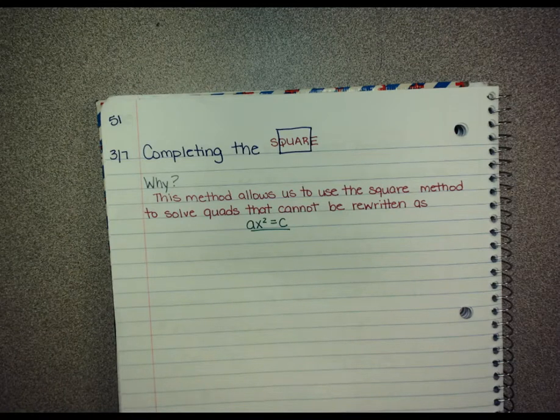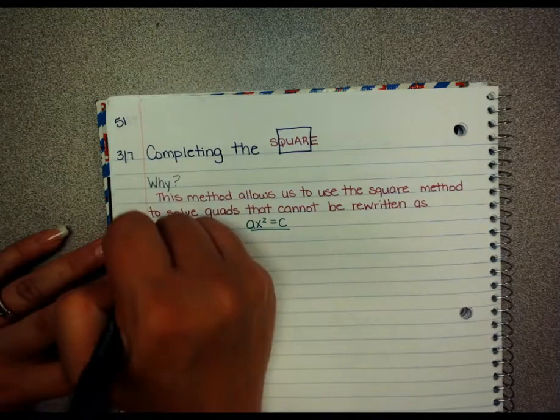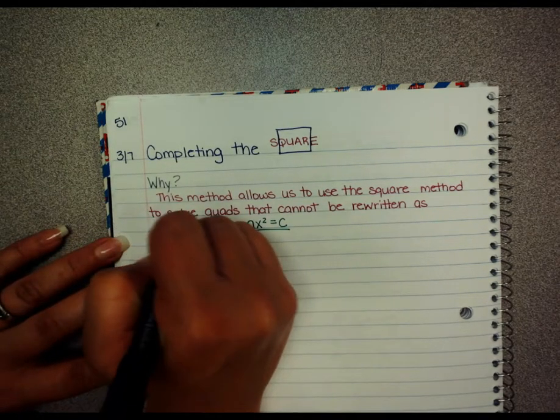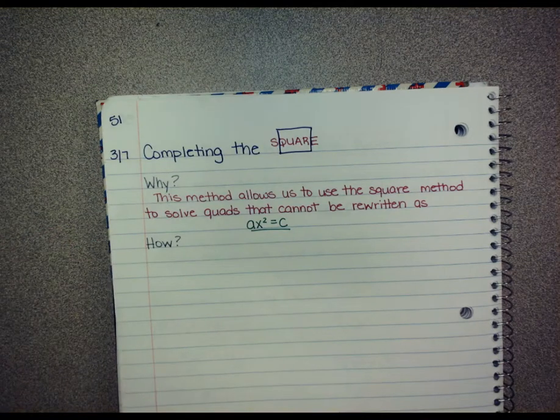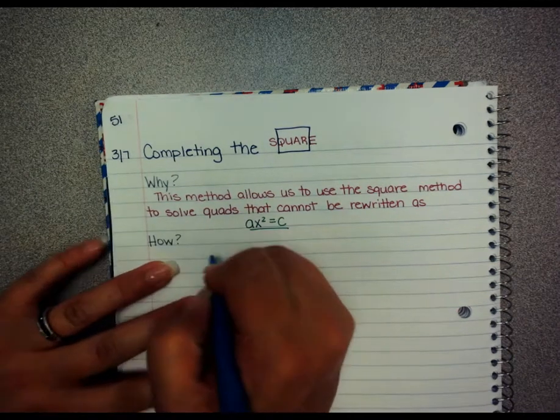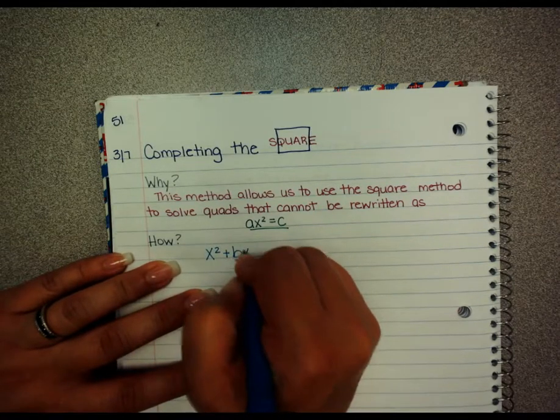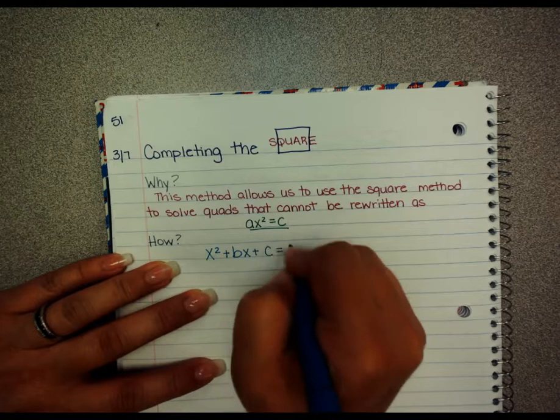All right. So the how. These are our steps on how to do it. Okay, so you have a quadratic that looks like this: x squared plus bx plus c is equal to 0.